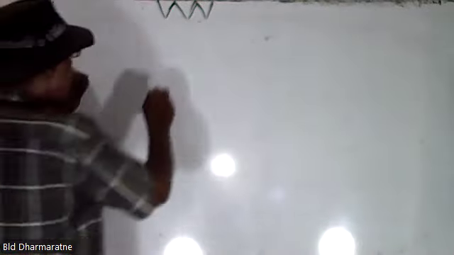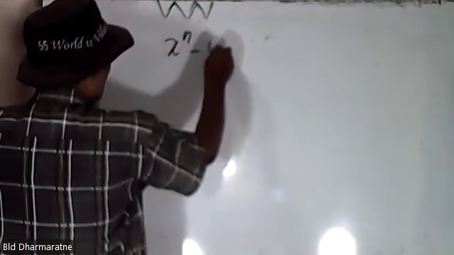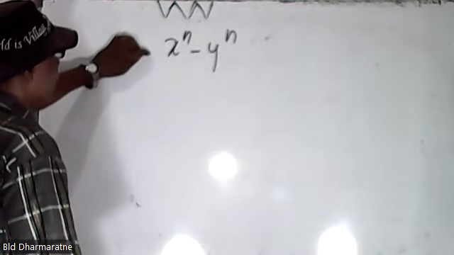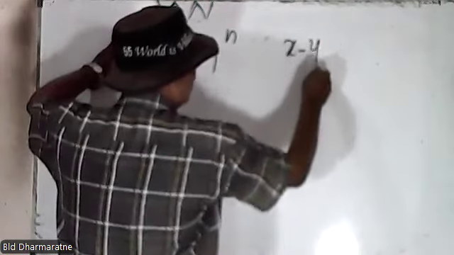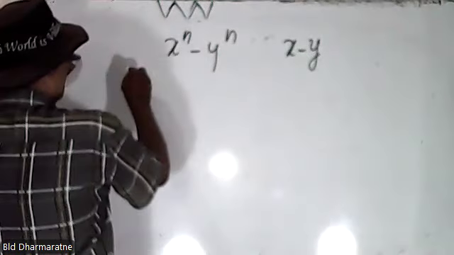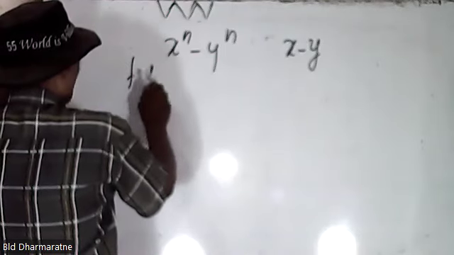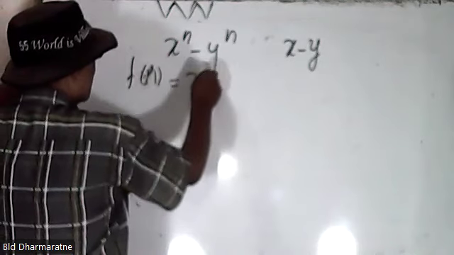The one I have: x^n minus y^n has a factor x minus y. How to prove that? Let Fn equal x^n minus y^n.